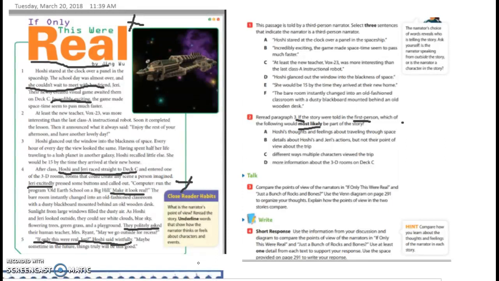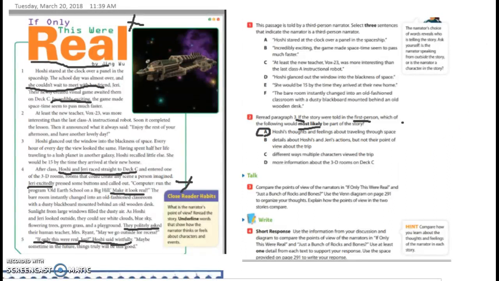C, different ways multiple characters viewed the trip? Or D, more information about 3D rooms on Deck C? We know that first-person point of view is a point of view of how someone thinks or feels about story events. So this clue word right here, thoughts and feelings, tells us that A is correct.